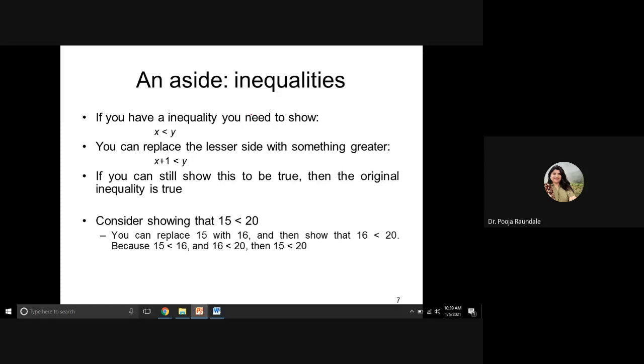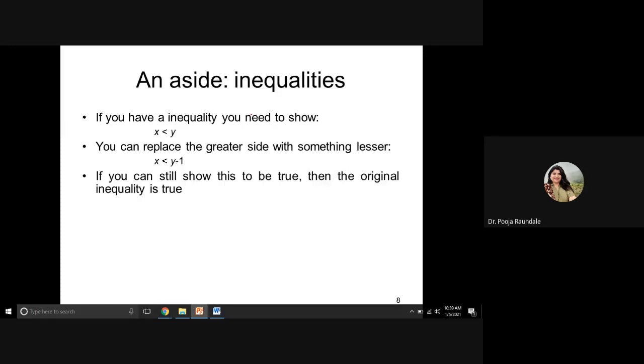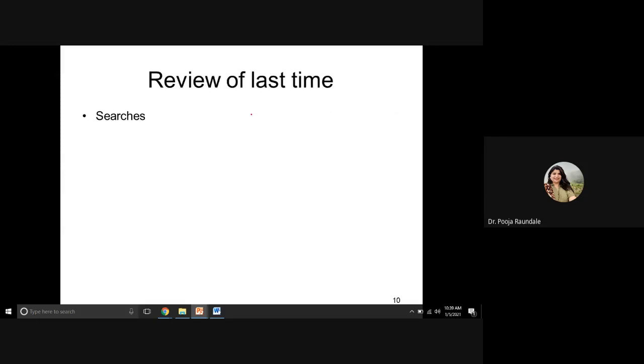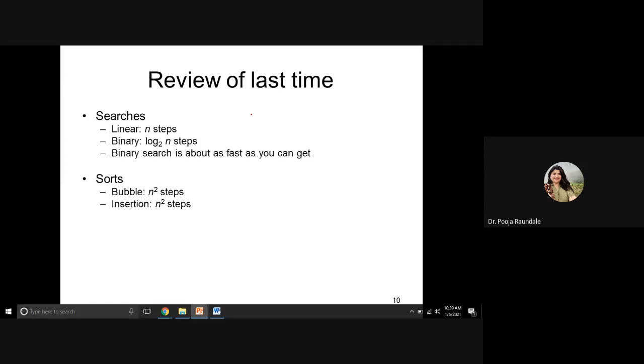Now these inequalities and all those things I'll just leave. I hope you have learned searching and sorting in data structures. You know the searching algorithms.